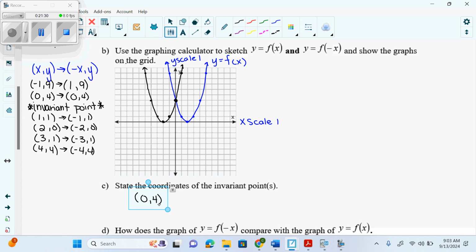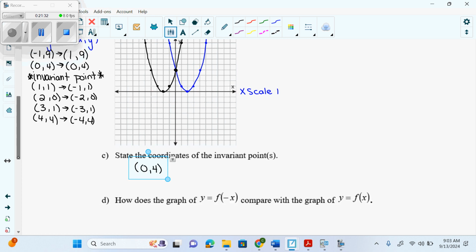And we talked about this. How does the graph of y equals f(-x) compare to the graph of y equals f(x)? It's a reflection in the what? Y-axis. It's always the opposite axis. You can memorize that if you'd like, but it's way better if you actually understand why it is in the y-axis, because your positive x's become negative and your negative x's become positive. So you have this reflection, this flip over that y-axis.